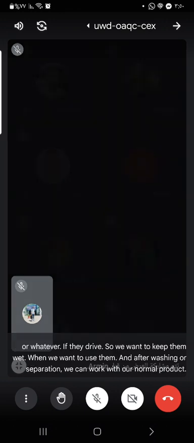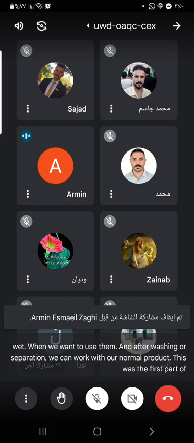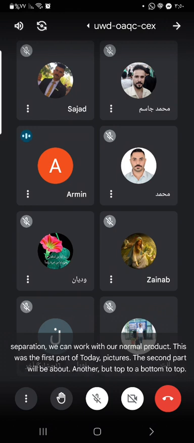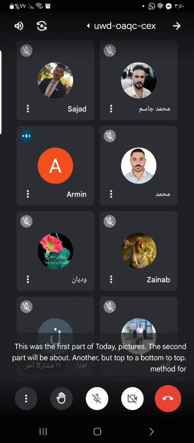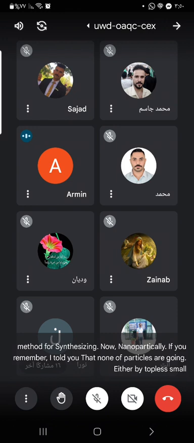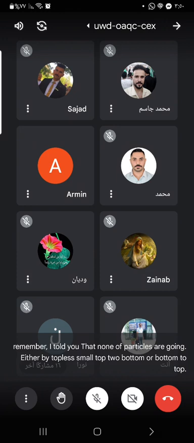So this was the first part of today's lecture. The second part will be about another method for synthesizing nanoparticles. If you remember, I told you that nanoparticles are grown either by top to bottom or bottom to top methods.